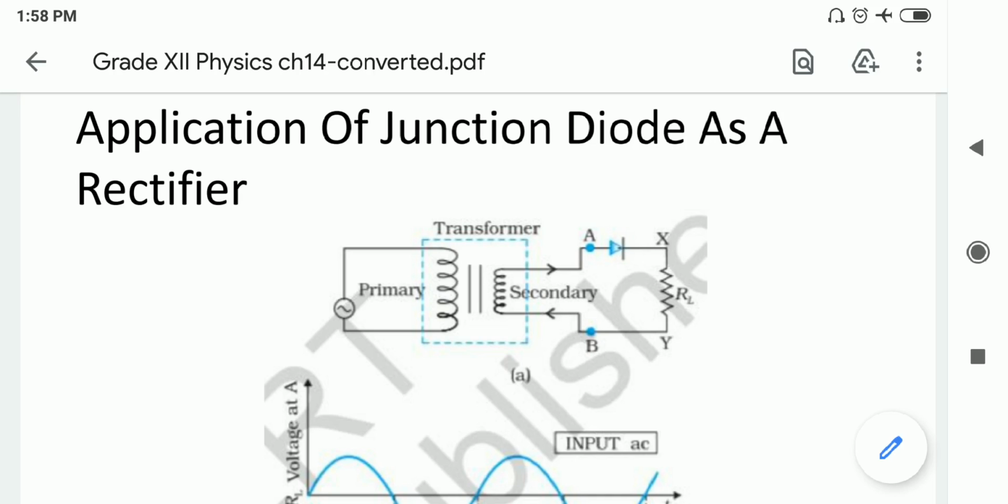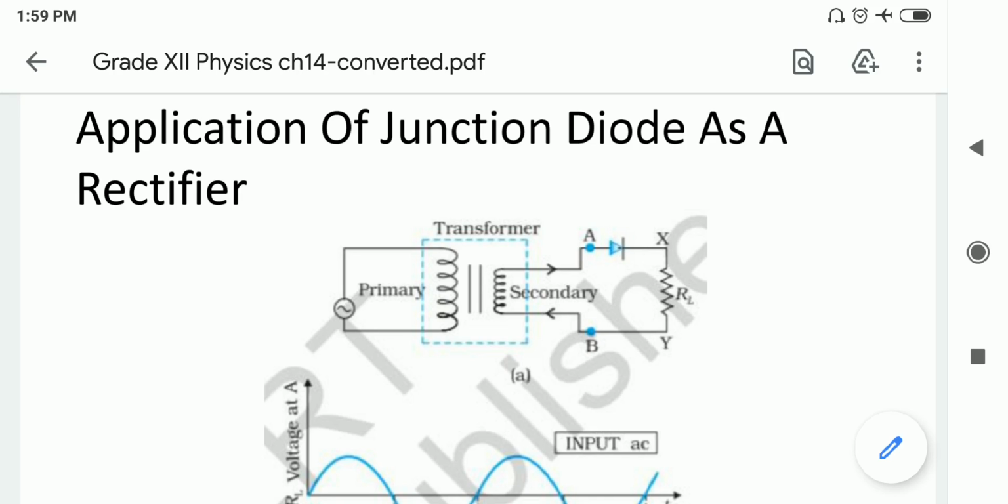This alternating voltage we can apply across the diode in series with the load, and that pulsating voltage output we are taking across the resistance during each half cycle of the input.